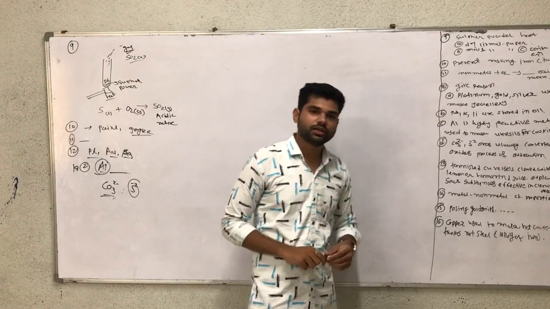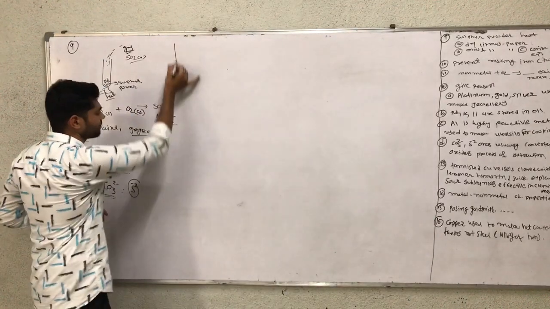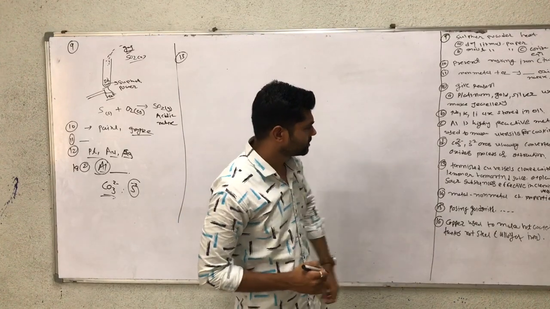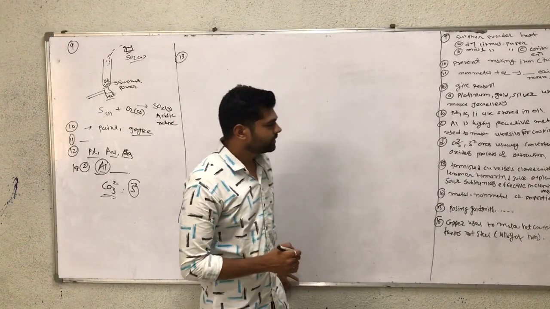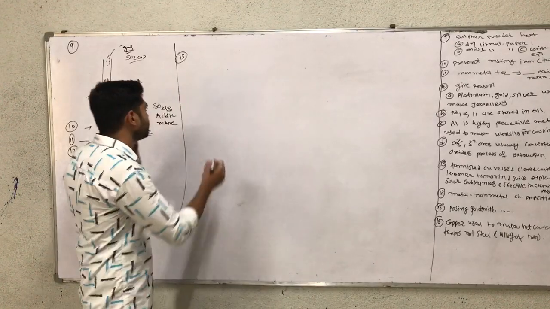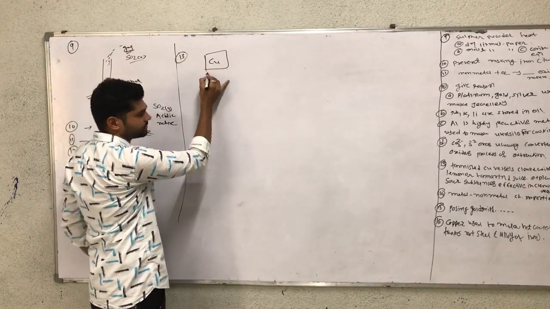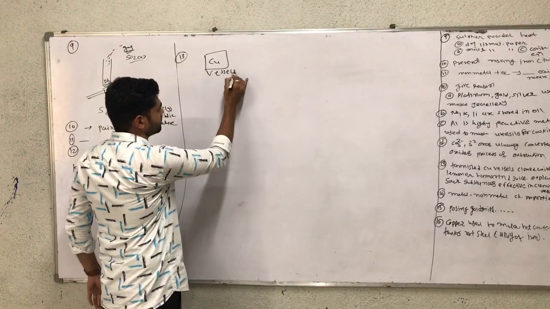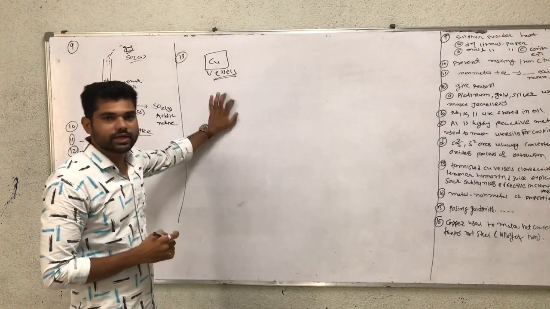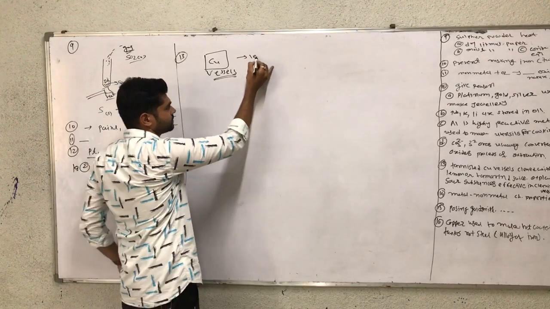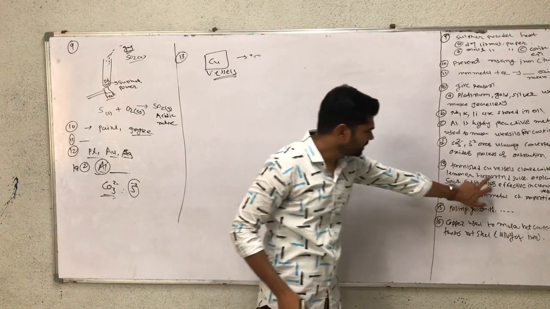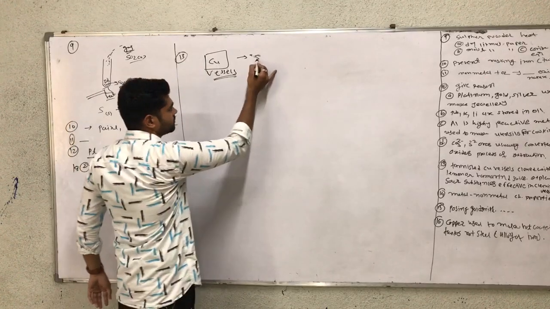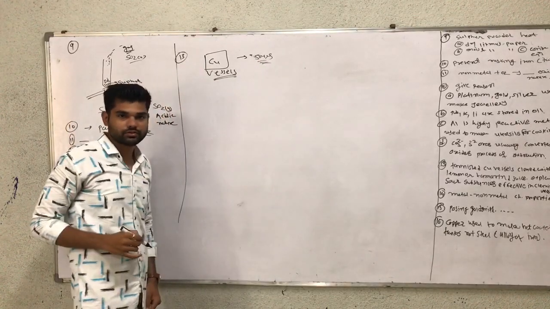Next, question number 13. The question is: when Cu vessels are cleaned with lemon juice, or lemon and tamarind juice, these are sour substances.